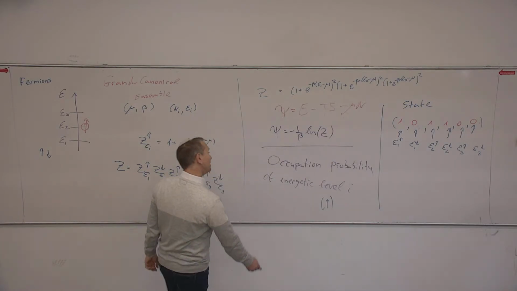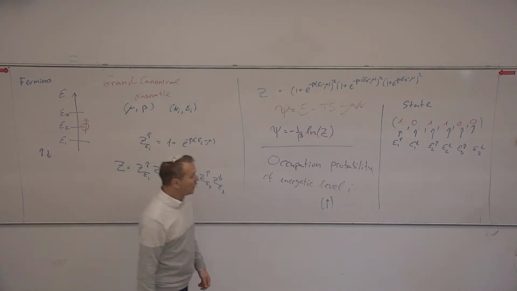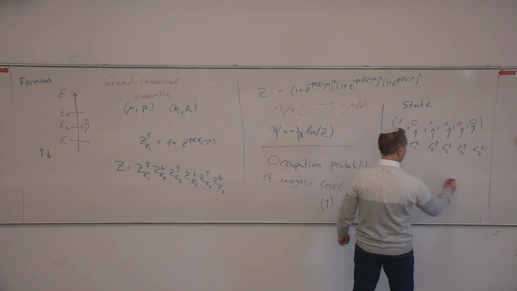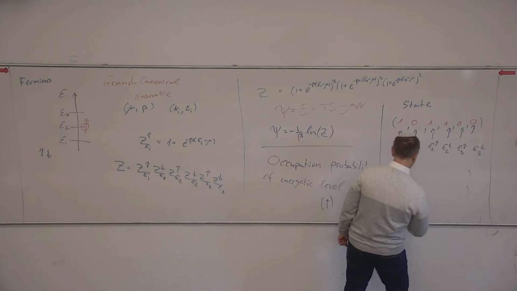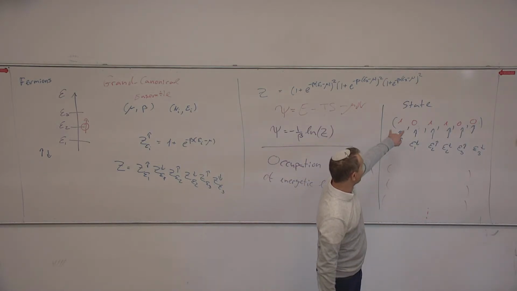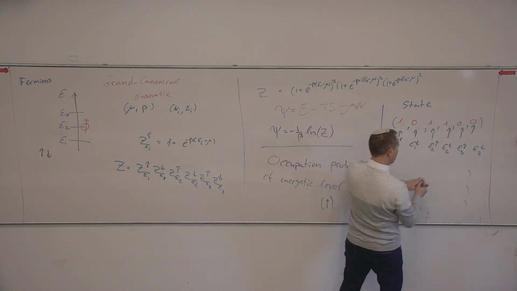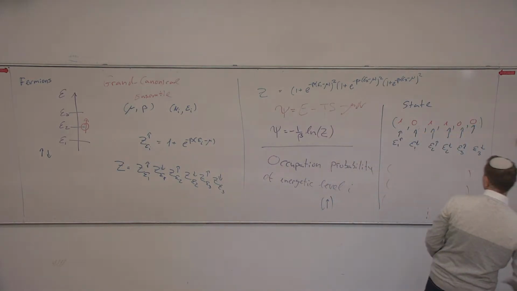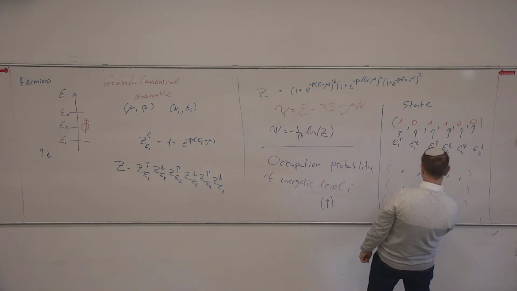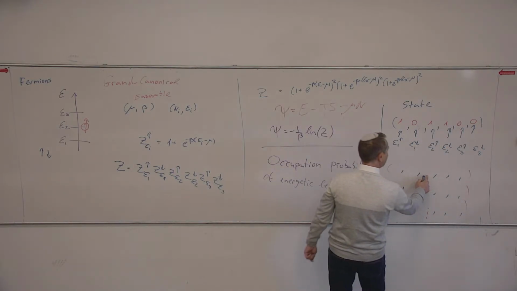When I'm asking about the occupation probability of the energetic levels, I have to consider all the different vectors for which I don't really care what happens at the first two places, or at the three other places. The only thing that I care about is what is sitting at this place.